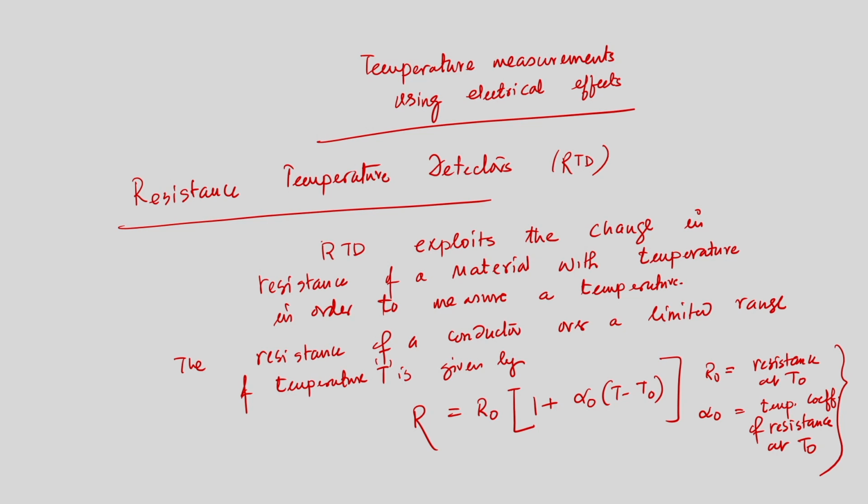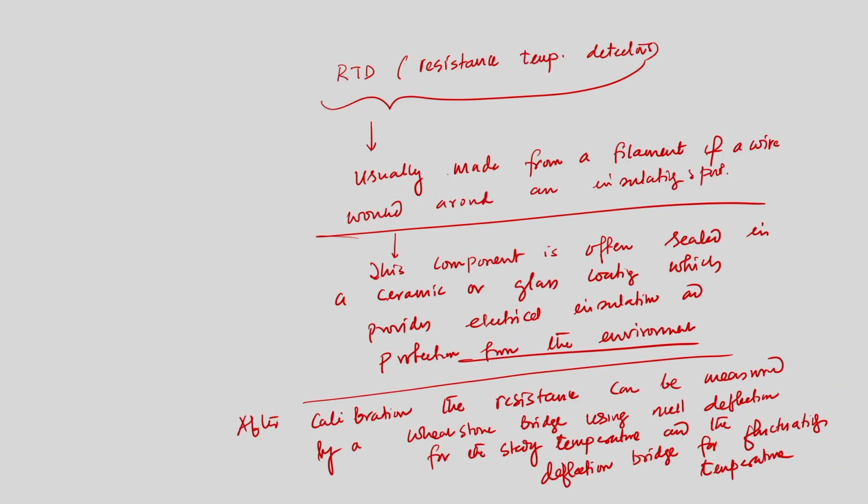Then this expression can be given over a limited range of temperature, of course. Then we have seen that the RTD is a very small filament of wire, and the component is often sealed in a ceramic or glass coating, which provides electrical insulation, and also protects it from the environment.